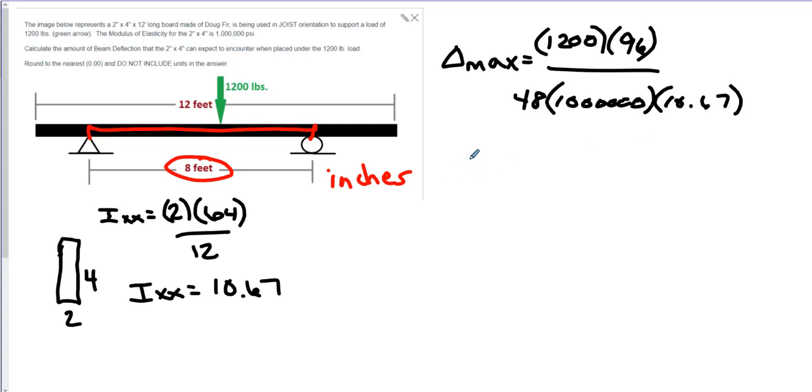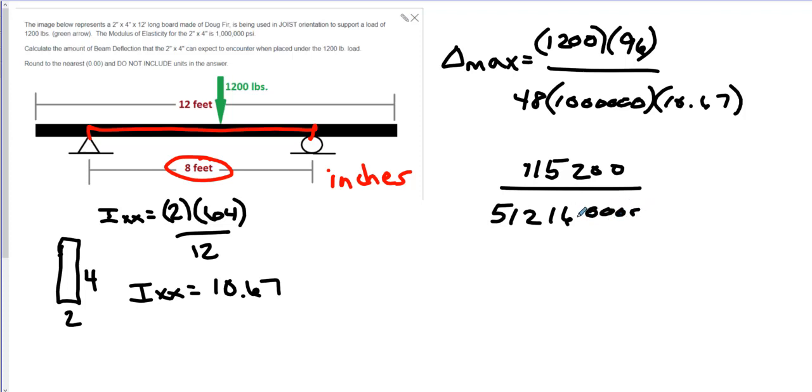So we should have gotten 1200 times 96, a numerator of 115,200, and 48 million times 10.67, so 512,160,000 and so on.